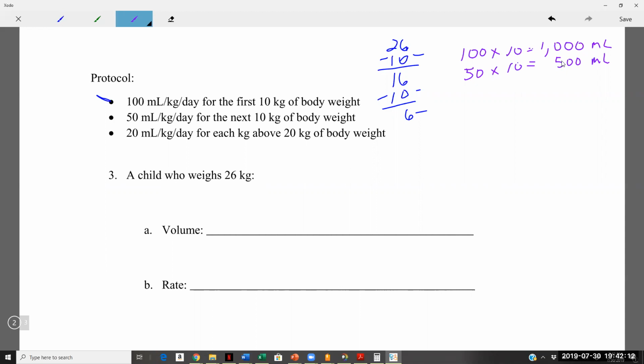Then I still have 6 kilograms left over, which for everything above 20 kilograms of weight, we do 20 milliliters per kilogram per day. So that is 20 milliliters times the remaining 6 kilograms is 120 milliliters. I'm going to total that up, and that gives me 1,620 milliliters is my total volume for the day.